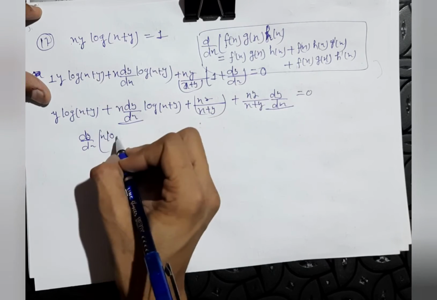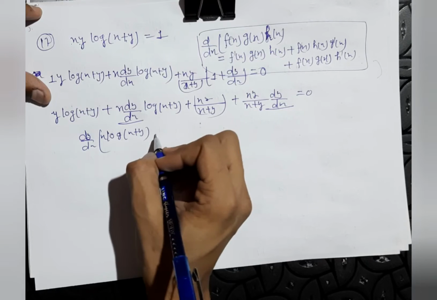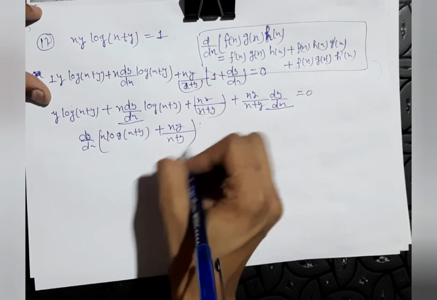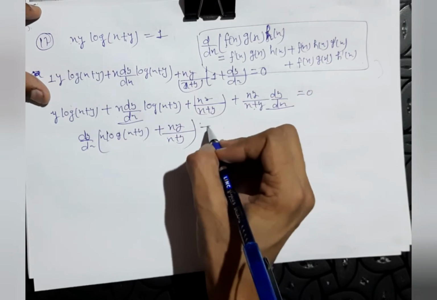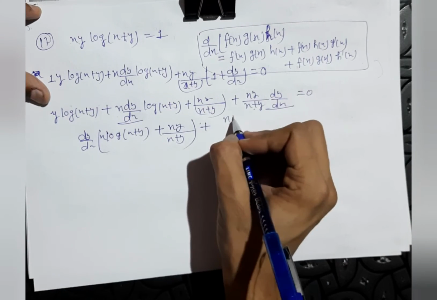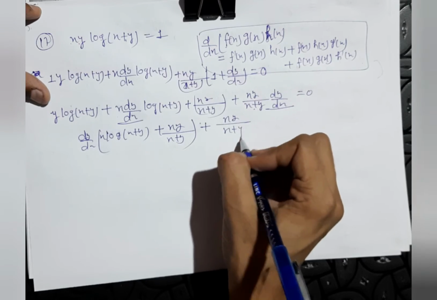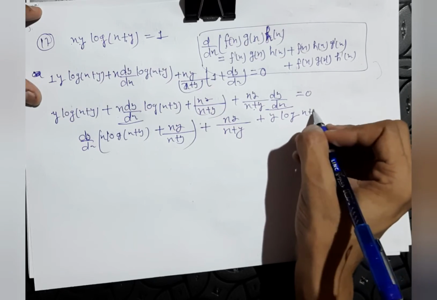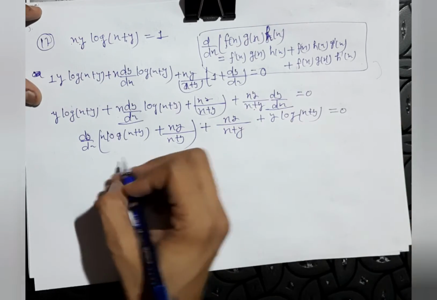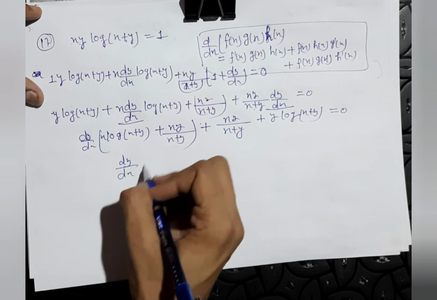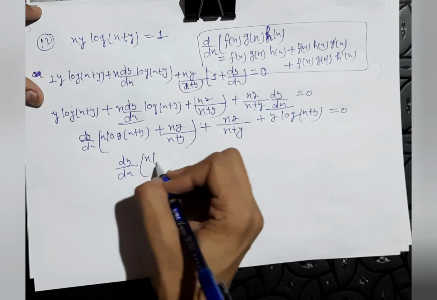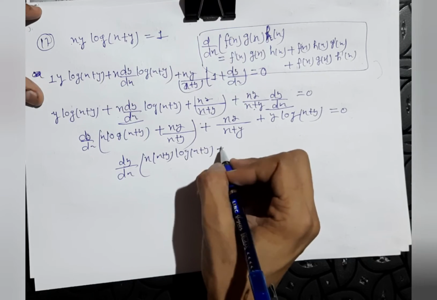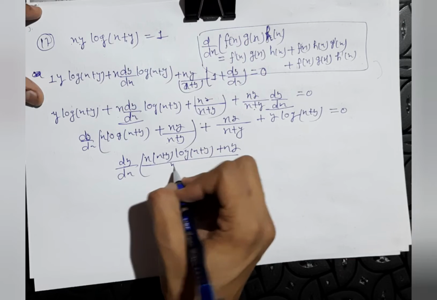So x log of x plus y plus x y divided by x plus y are the remaining terms, and plus y log of x plus y equals 0. So dy over dx times x plus y multiplied by this, so x times x plus y and log of x plus y, and plus x y divided by x plus y.